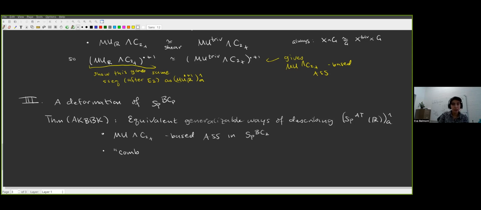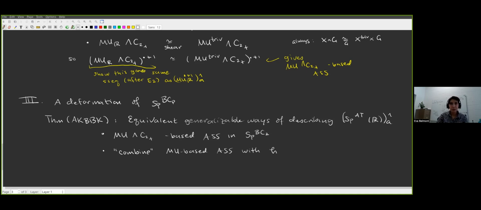So the idea is that you can understand this by combining two other spectral sequences. I'll say what combine means in a minute.